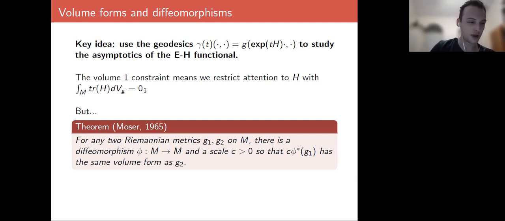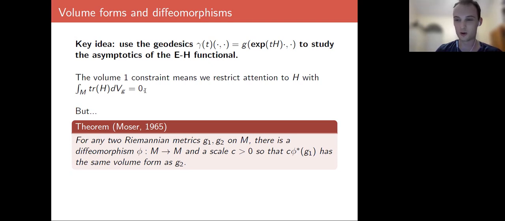Well, a quasi-precise statement is as follows. If M is connected and compact, then if you pick any two Riemannian metrics G1 and G2 on your manifold, it's possible to find both a scale and a diffeomorphism from M back to itself so that the first metric has the same volume form as the second metric.